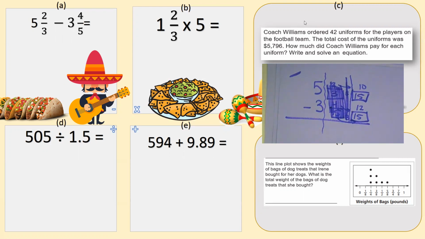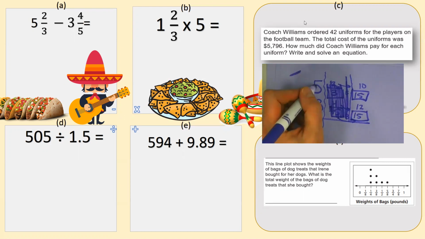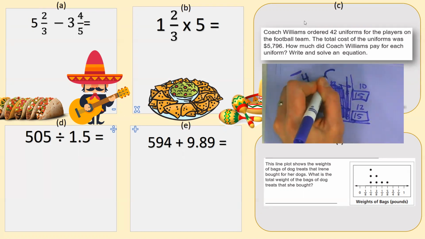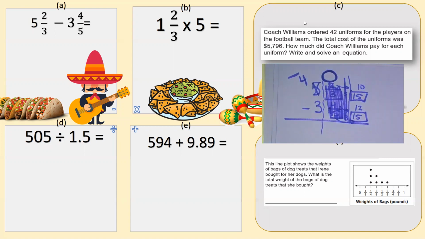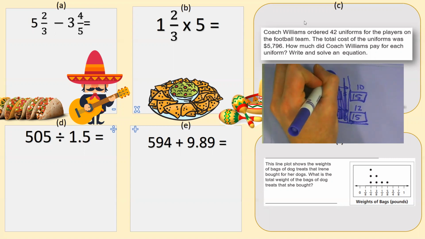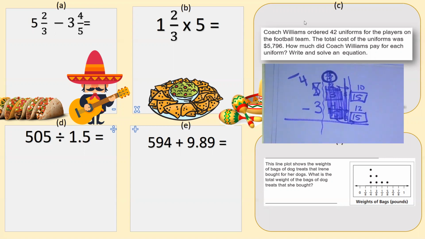So I have to go to my wholes and be like, I need to break one of you. So now you're 4 wholes, and then the 5th whole's coming over, and I'm going to break it up. Now I want it to be more 15ths. So one whole is worth 15/15ths, and I'm going to give it to the 10. So I have enough to take 12 from.